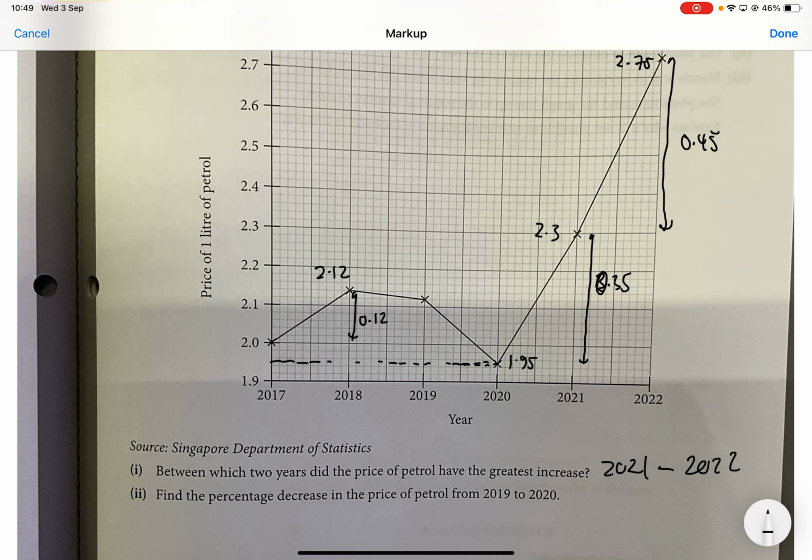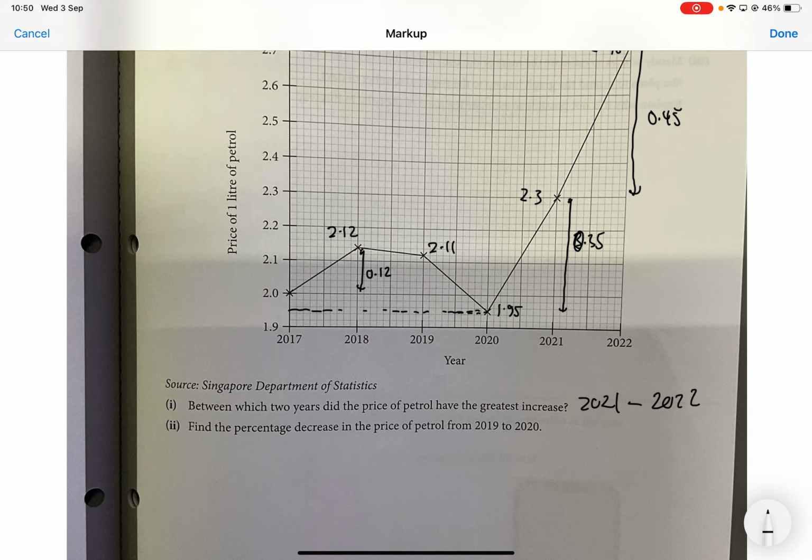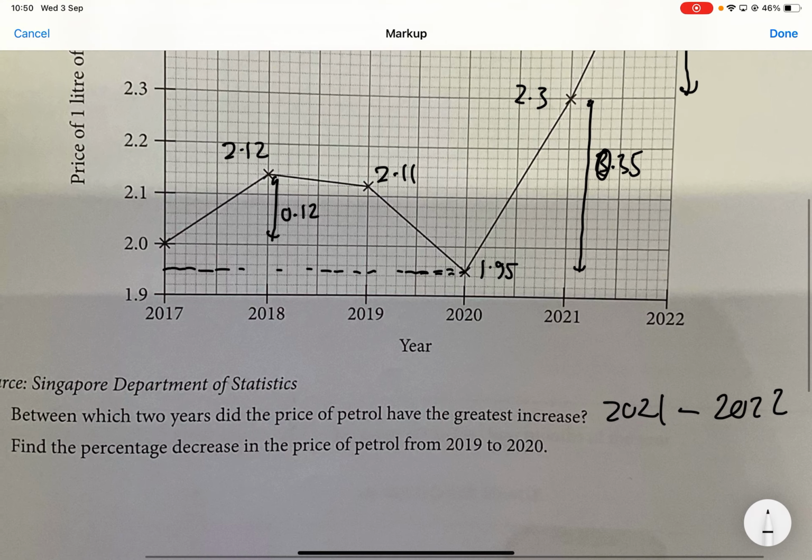Find the percentage decrease in the price of petrol 2019 to 2020. So we have to be able to read 2019, 2020. 2020 we read already, 1.95. 2019 is 2.11. Percentage decrease means we have to find the decrease.